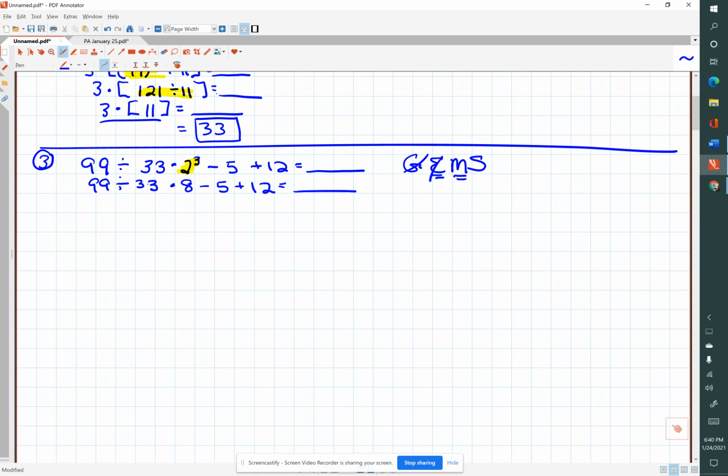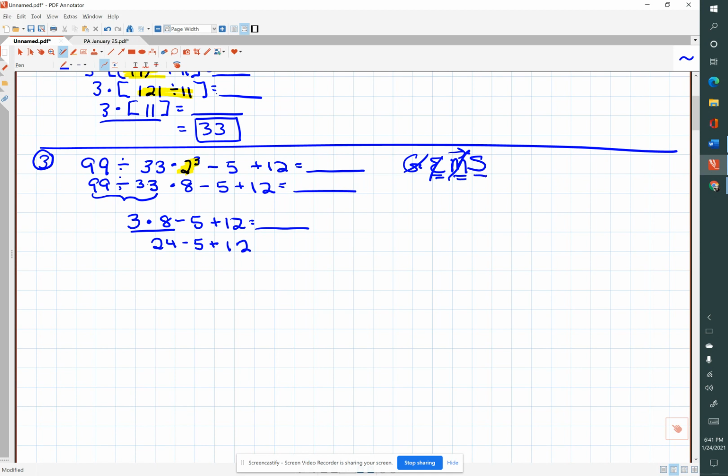Okay, now we're going to work on multiplication and division, going from left to right. So first I have this 99 divided by 33.